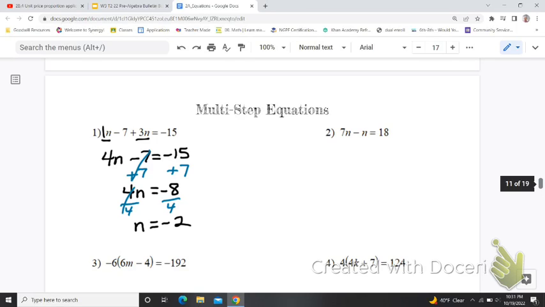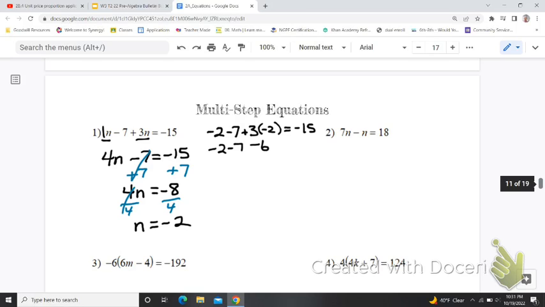After we solve, if we choose, we can test it to make sure it works. We would just go back to the original equation, and every place where there's an n, I'm going to write negative 2 instead. I'm replacing it with negative 2. Just using some parentheses there because it needs to multiply. So then 3 times negative 2 is negative 6.